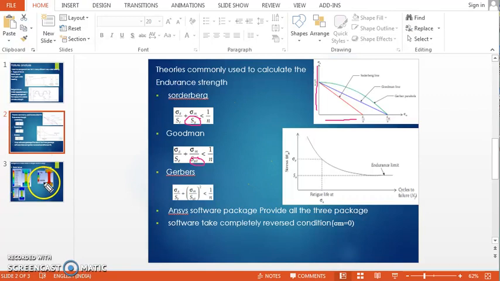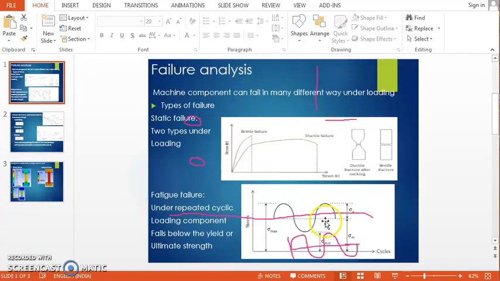When we compare fatigue result with the static result, ANSYS software package provides all three types of theories: Soderberg, Goodman, and Gerber's. The software takes completely reversed condition. It means when you solve your problem for fatigue in software, it will take completely reversed loading. Here we have seen that it is not a completely reversed cyclic process.